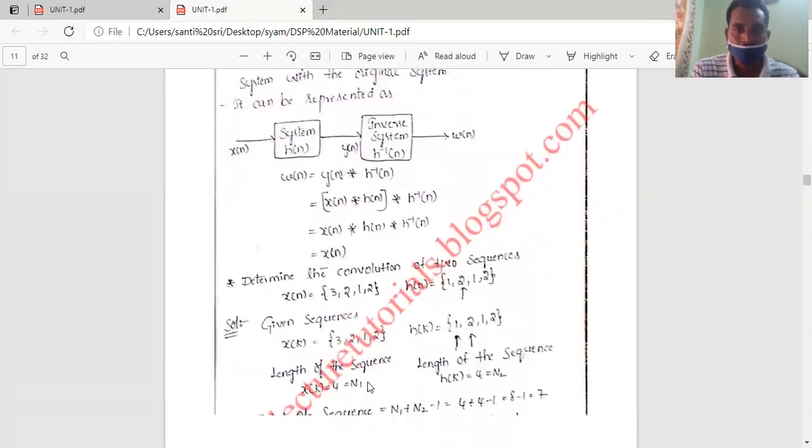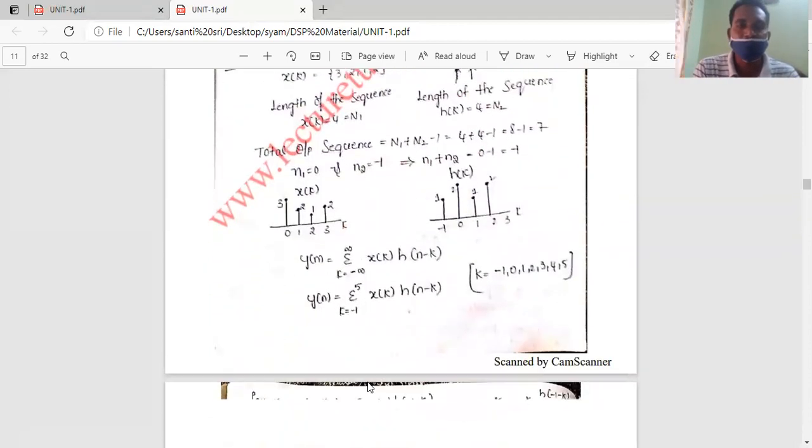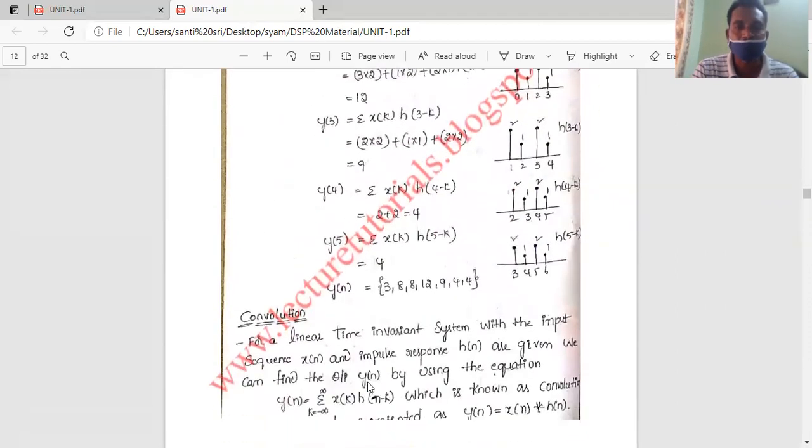Now we'll see how to determine the convolution of two sequences. What is meant by convolution? How to represent this convolution? See the convolution definition.